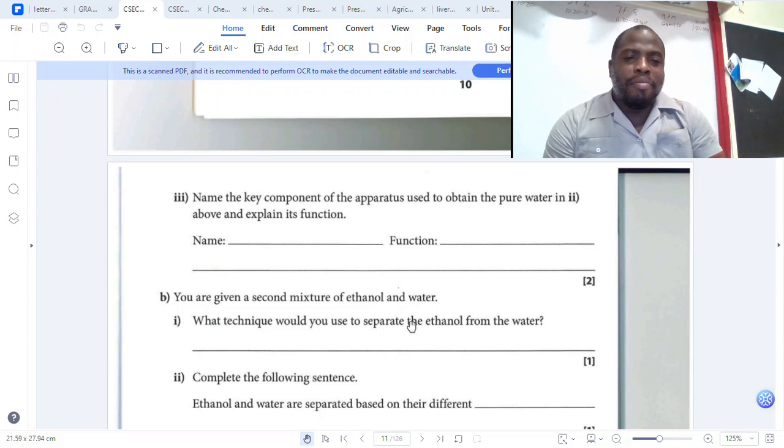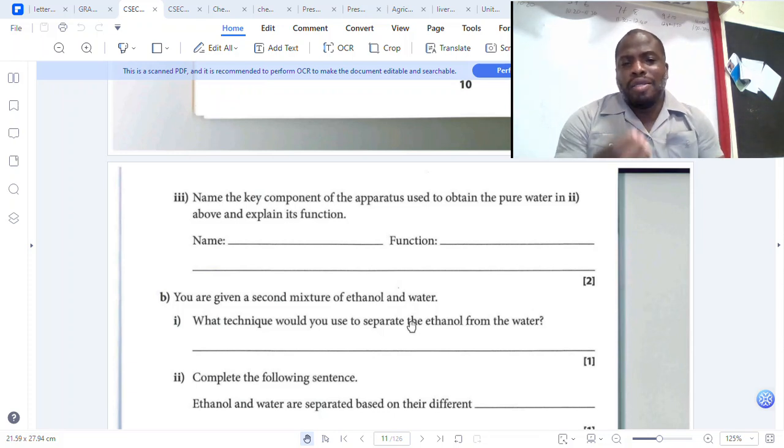It says, name the key component of the apparatus used to obtain the pure water in 2 above and explain its function. One of the components that is used is called the Liebig condenser, and what it will do is cool the vapor after it is removed by heating the solution of the seawater.